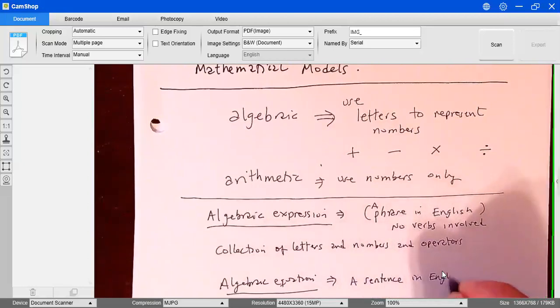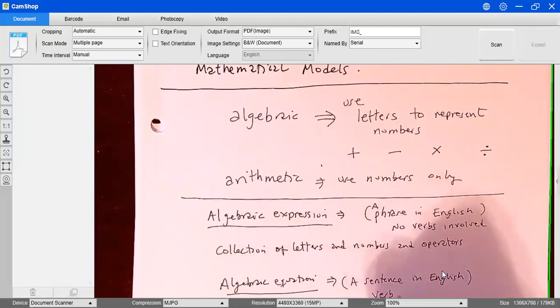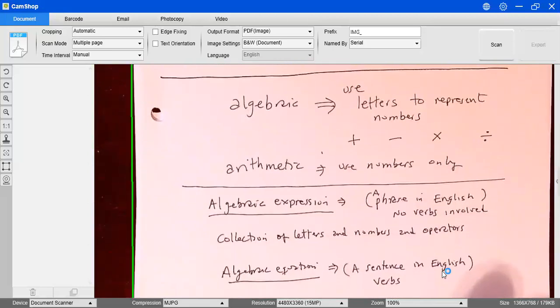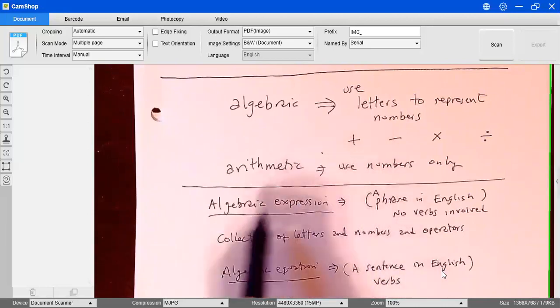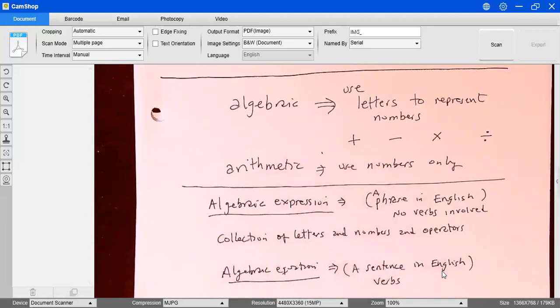So when you have a sentence in English, you have verbs involved. The verbs indicate actions. The verbs provide the full meaning that we need to understand a statement. And again, algebraic is going to indicate that we include variables and numbers in our statement.